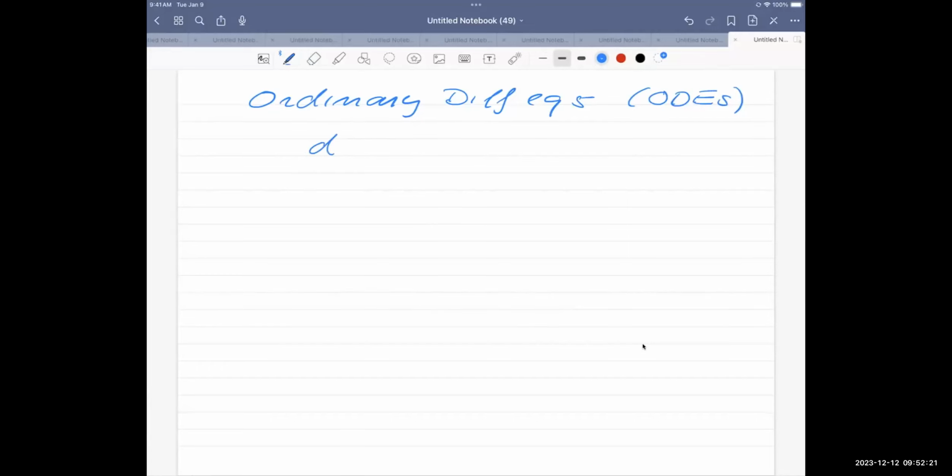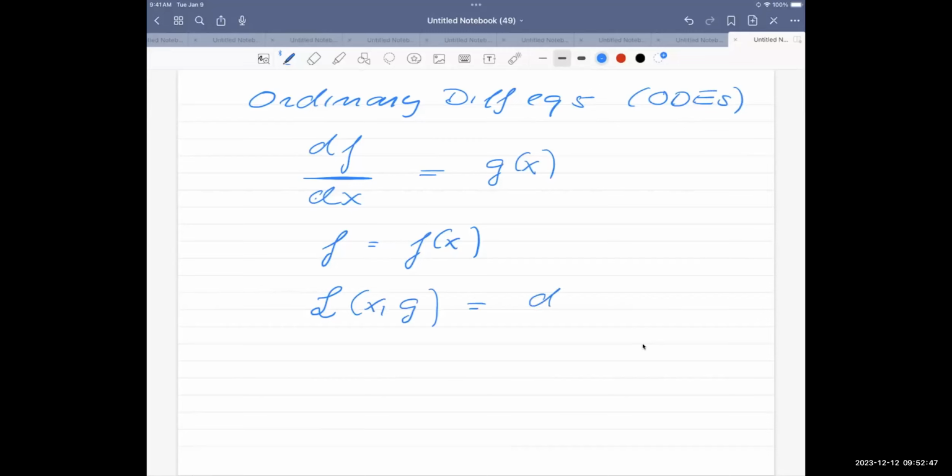So we have df/dx, and this can be given by a function g of x. So this is the derivative of the function, and f is now a function of x only. What we end up with typically is to define a new function L of x and g, which is simply given by df/dx minus g of x, and we want that one obviously to be 0.